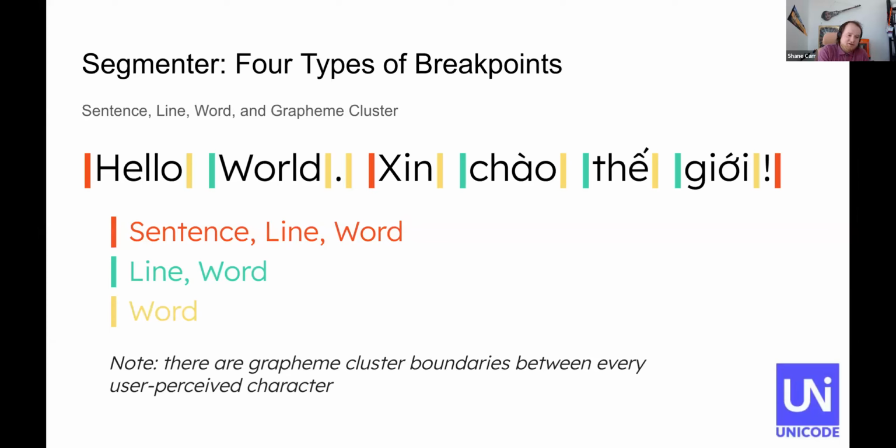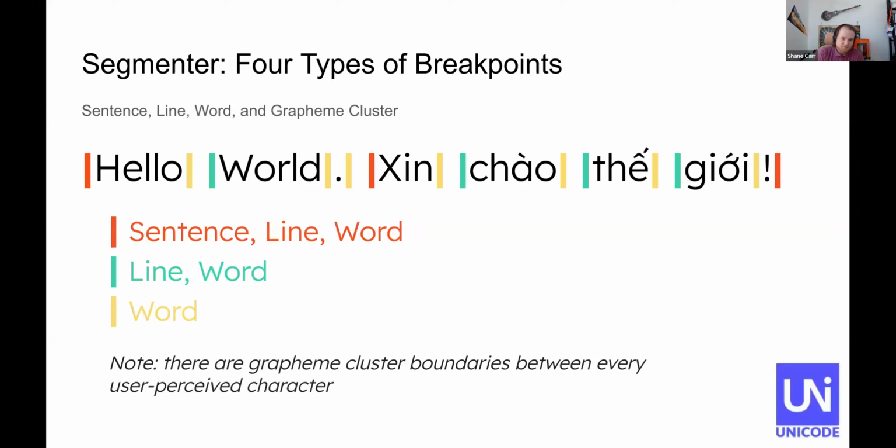I have these illustrated here in this little hello world example. The orange bars indicate where in the text sentence, line, and word breaks occur. They all occur on those spots. The green bars are for line and word breaks, and the yellow bars are only for word breaks.